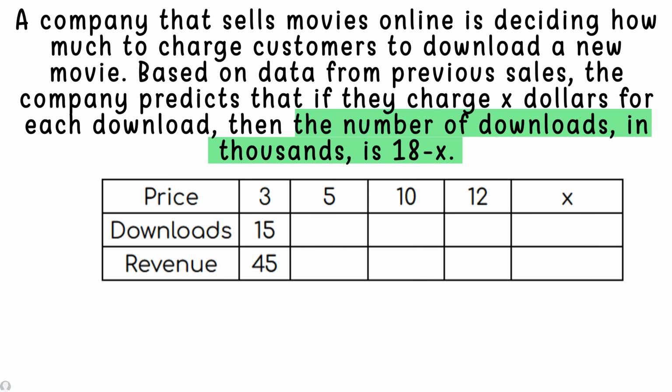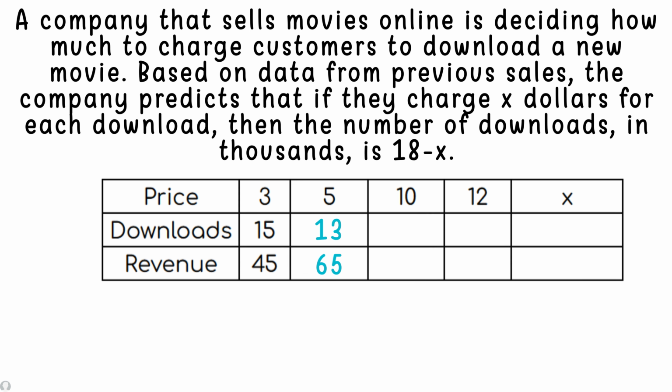We know that the number of downloads in thousands is 18 minus x, where the price is x. So if the price is 5, then the downloads must be 13, since 18 minus 5 gives us 13. To find the revenue, we're going to multiply the price times the downloads. So 5 times 13 gives us a value of 65, which in our case would be 65,000.